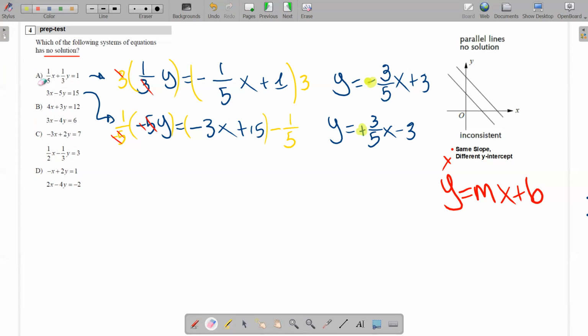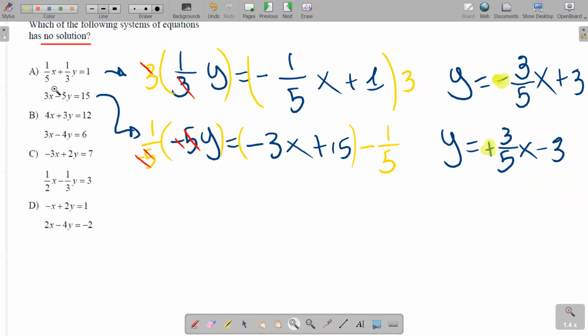So, is there another method? The answer is yes. And this depends on the pattern of the signs. In this case, we have the case of no solution just because of the sign. But we knew since the very beginning that the two signs of the slope were going to be different because the pattern of the values of x and y were different between the first and the second equation.